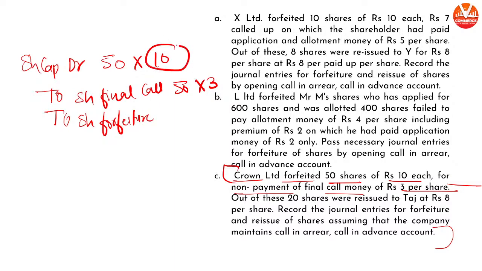If out of 10, 3 rupees are not received, which means that 7 rupees per share are received. So to share final call 50 multiplied by 3, and to share forfeiture 50 multiplied by 7.